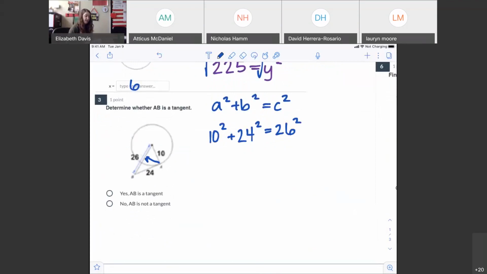So if we put 10 squared plus 24 squared into our calculator, we're going to get 676. And if we put 26 squared into our calculator, we're going to get 676. So since those two are equal to each other, is that tangent or not tangent? Yes, it's tangent. If that equation came out as false, then it would not be tangent.